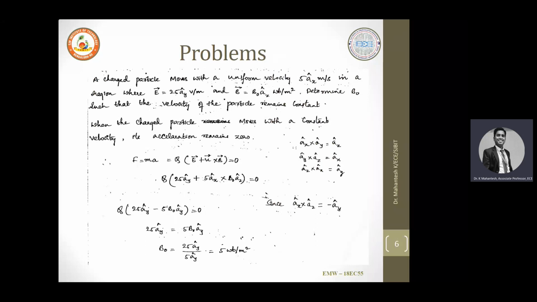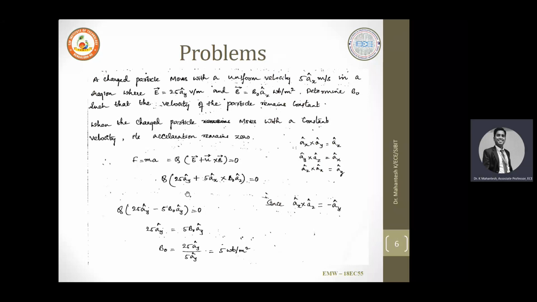So when the charged particle moves with a constant velocity, the acceleration remains 0. Therefore, F is equal to ma, which is equal to q of E plus V cross B, is equal to 0.